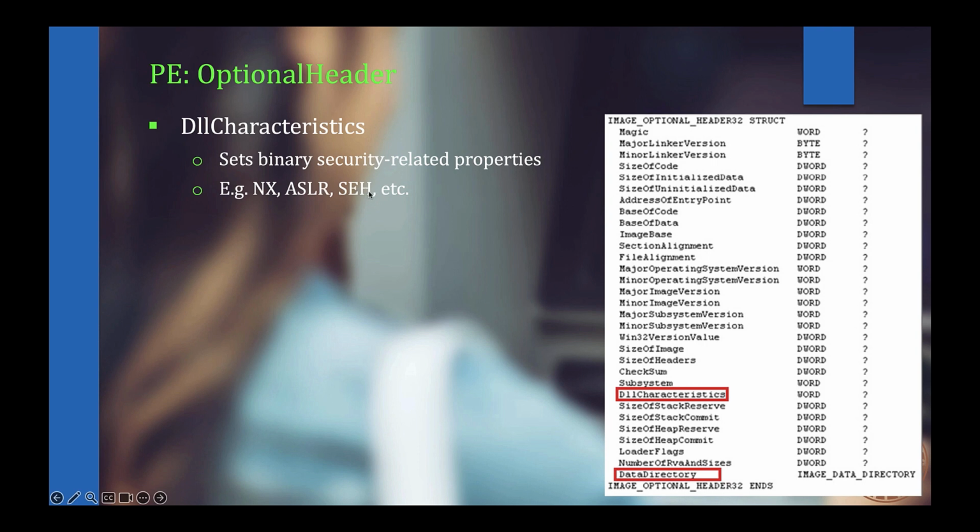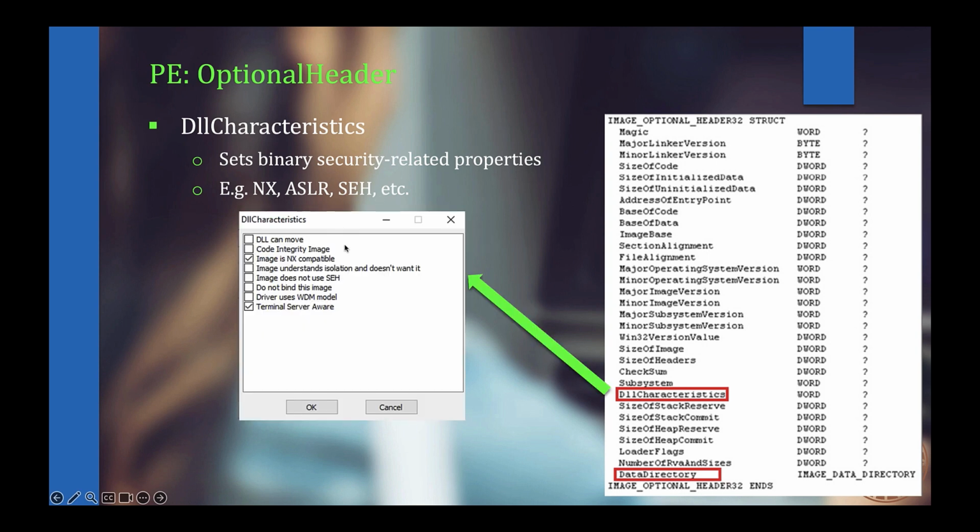Those are some exploits, some sorts of attacks, that this can help programs be more secure against. Those are the DLL characteristics options. And as before, those also have specific flags ready to be set, so that you know whether those are activated or not.